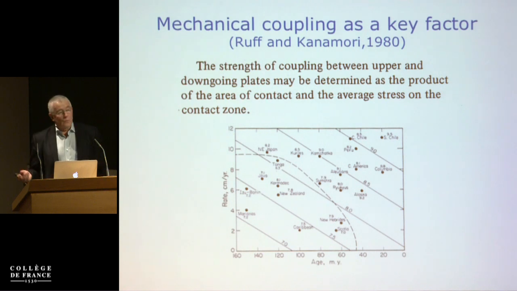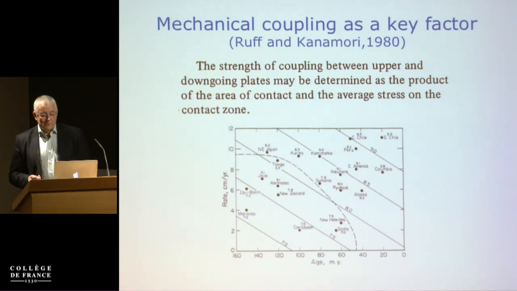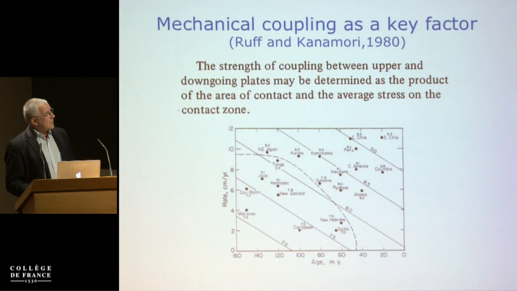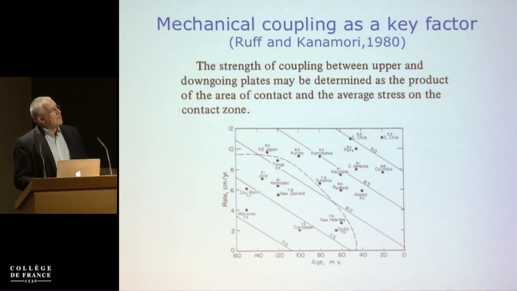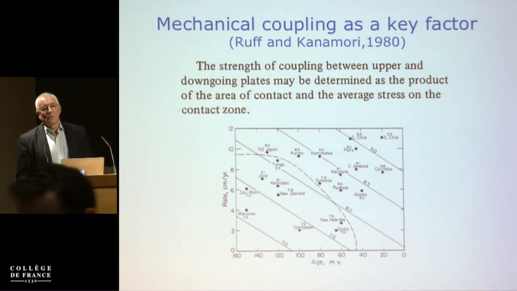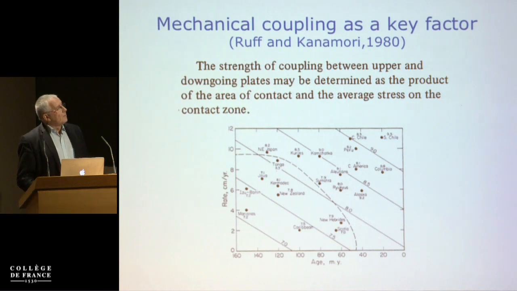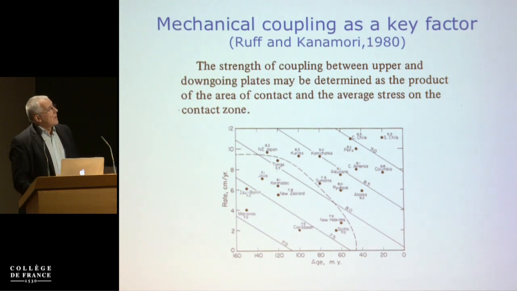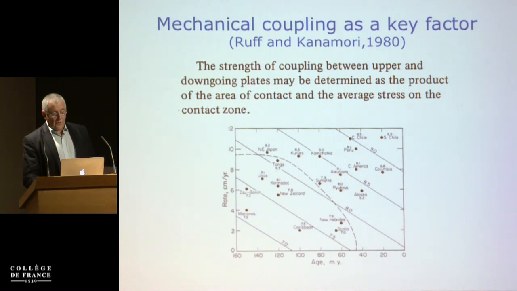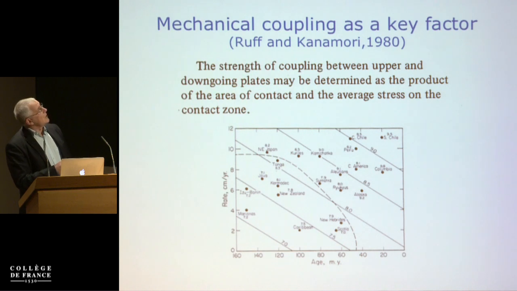First of all, this is what was already mentioned. The previous very famous analysis and concept of what was the key factor that controls the magnitude of the earthquake was this paper by Raff and Kanamori. This is just a citation from their paper.